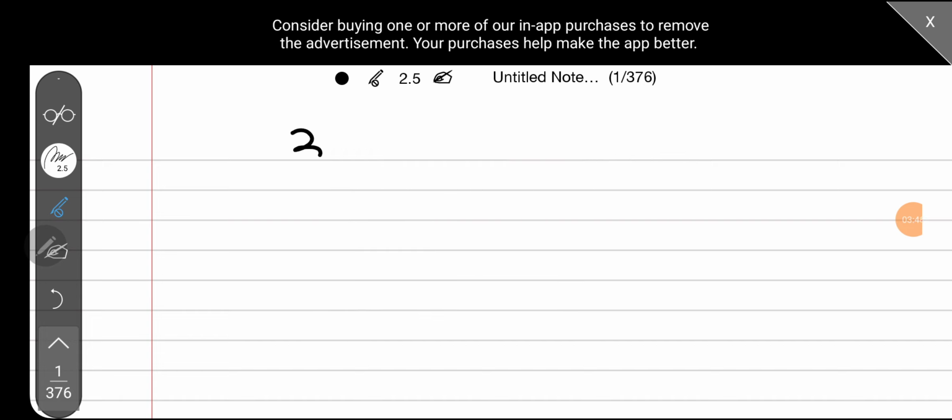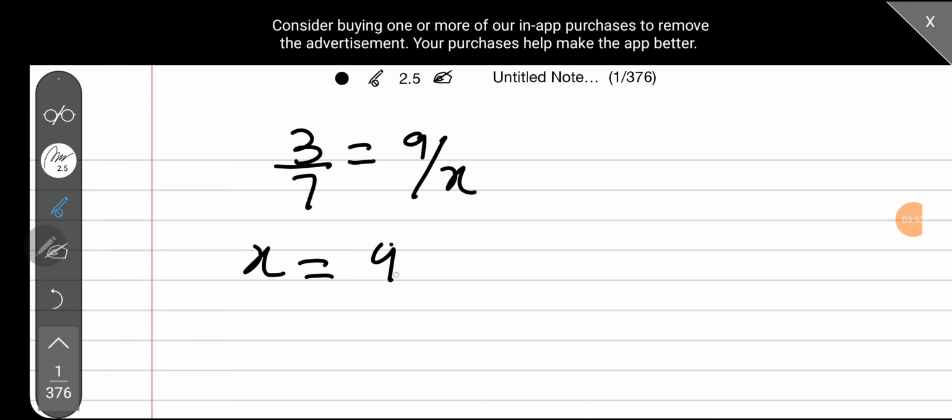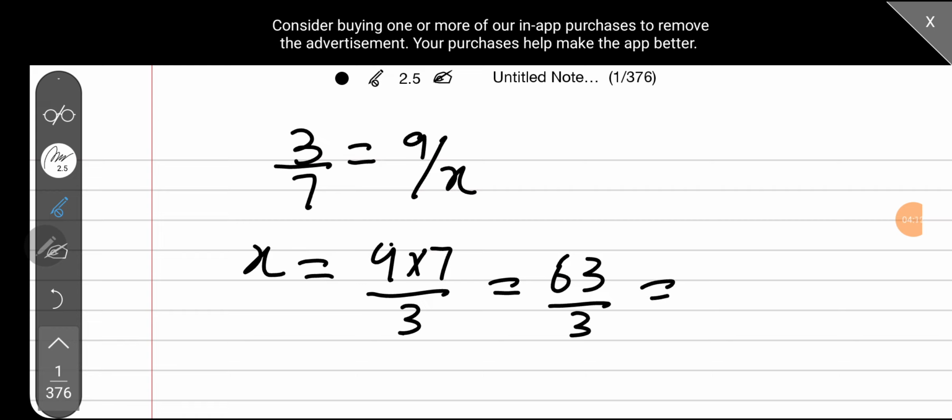So now move the x to this side. Now 63, which is 21. So this is the fourth proportion.